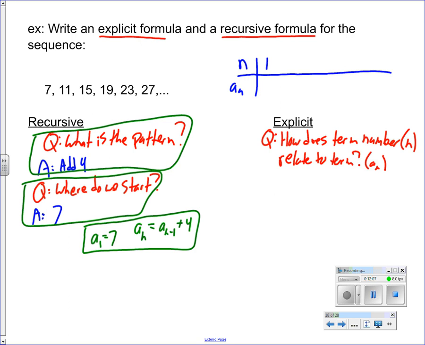So our first term is 7, second term is 11, third term is 15, fourth term is 19, fifth term 23, and then sixth term is 27.